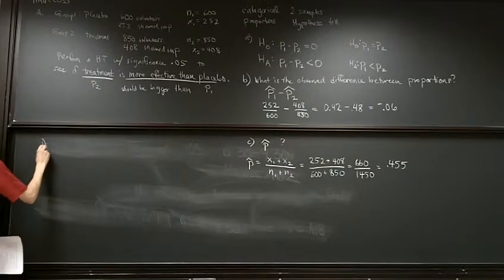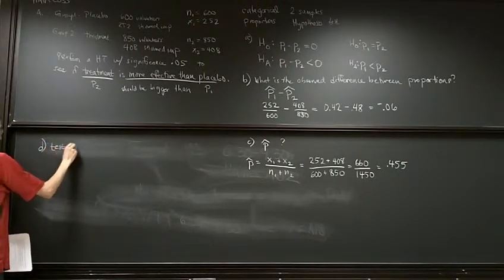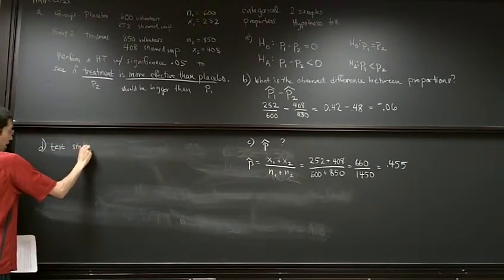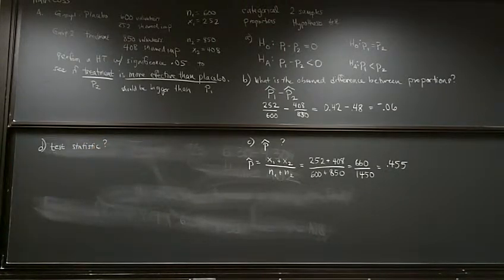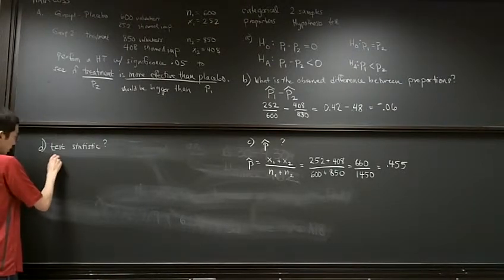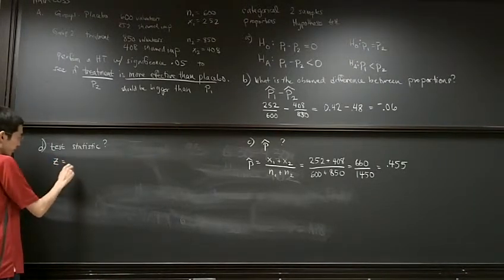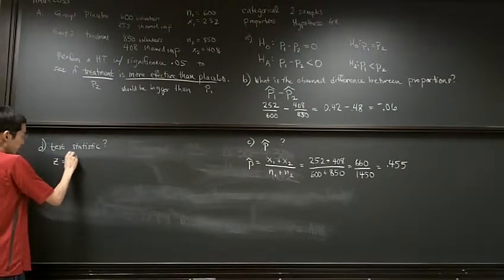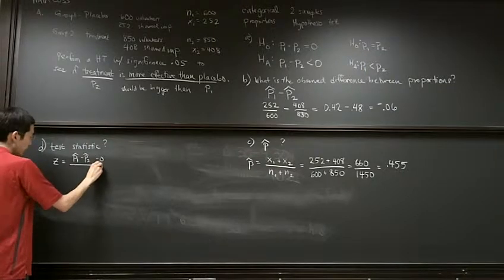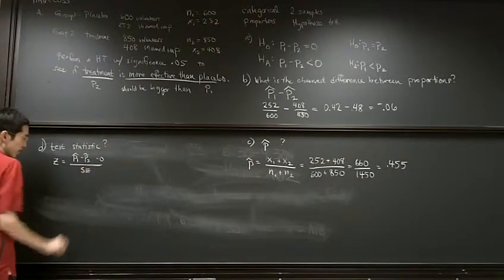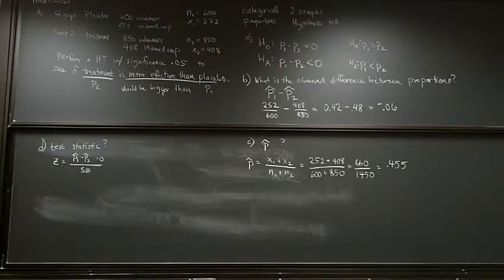And then we ask, what is the test statistic? The test statistic, because it's proportions, is z, and we do p1 hat minus p2 hat, technically minus 0, divided by the standard error.